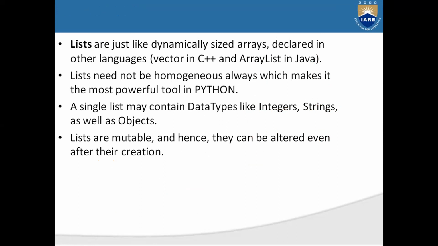So how can you compare this list with other languages? In other languages, we use a data structure known as arrays. In some languages it may be considered vectors or whatever it may be.